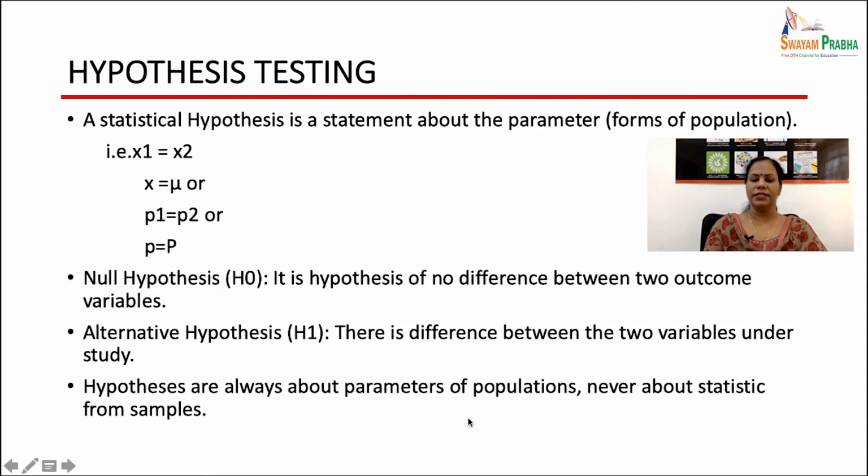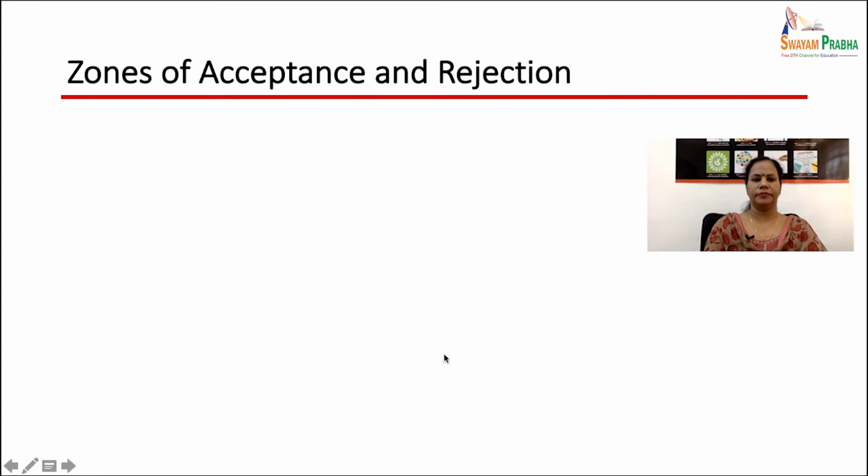Based upon the statistical tests, if we find that there is no difference between the outcome variables, then we accept our null hypothesis and reject our alternative hypothesis. But if after the statistical analysis we find that there is a difference between two variables, then we reject our null hypothesis and accept the alternative hypothesis.